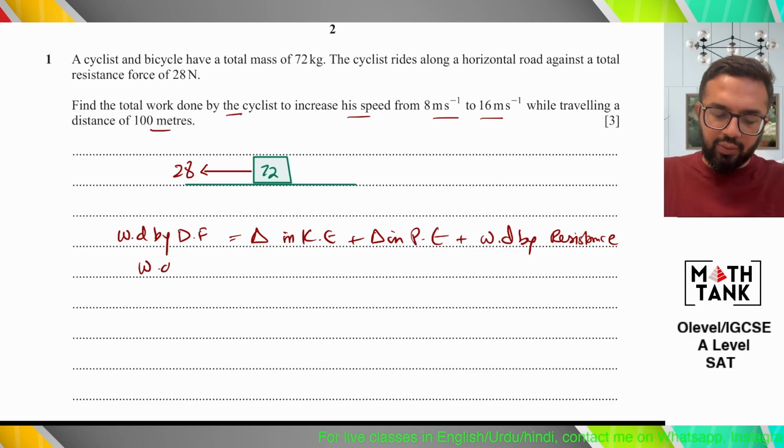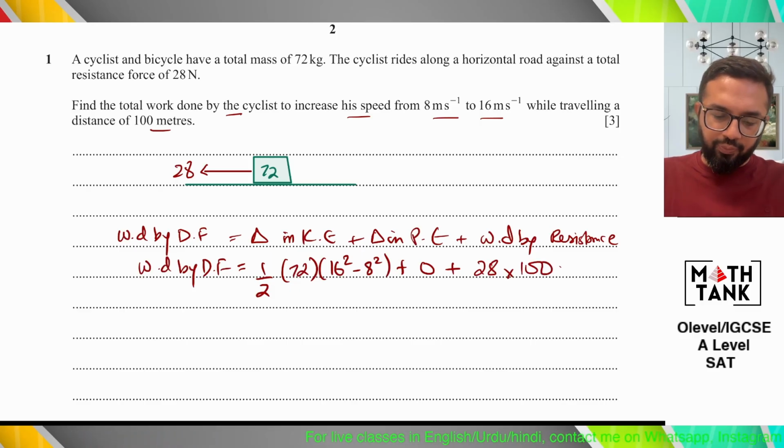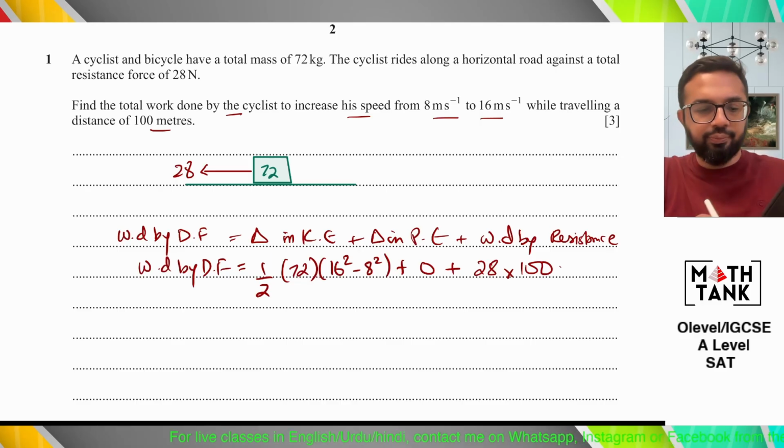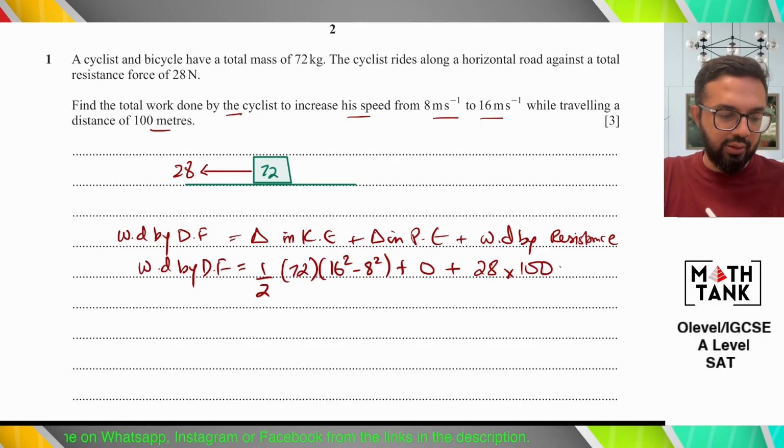So work done by driving forces, that's what I want to find out. It equals half m v squared minus u squared, cos 0, plus work done by resistance, which is 28 into 100. Half of 72 is 36, 16 squared minus 8 squared, plus 2800.